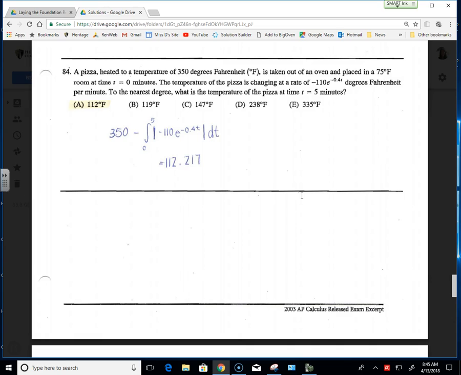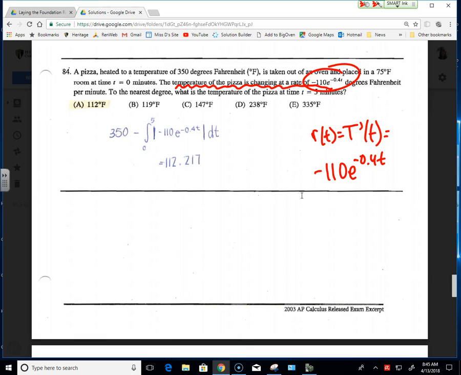Okay, it's placed, taken out of the oven at 0 minutes. Temperature is changing at a rate. My rate, or my temperature prime, is equal to negative 110 e to the negative 0.4 t. That's the rate of temperature.